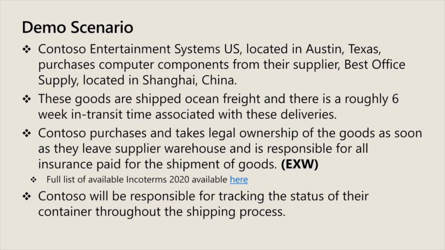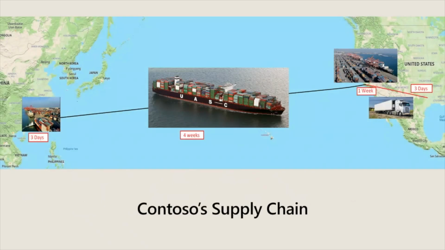So it will be a full end-to-end process, all the way from voyage creation to physically receiving those goods in our warehouses. To represent this graphically, here you can see we have port and loading of the goods, which typically takes approximately 3 days. Then the goods sail for approximately 4 weeks.